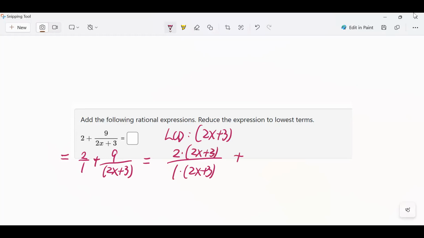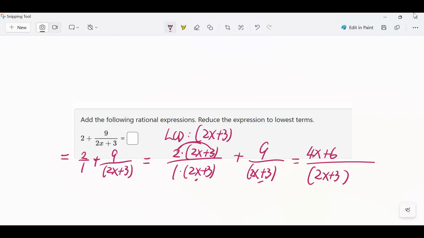And the second term, carry over as is, 2x plus 3. Now we both have LCD on the denominator, so carry over that, 2x plus 3. Now put it together, so 2 times 2x is 4x. 2 times 3 is 6. And adding.